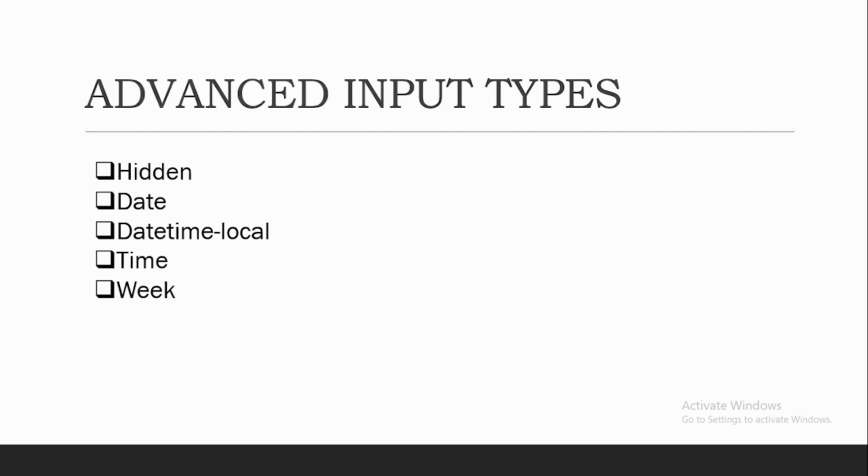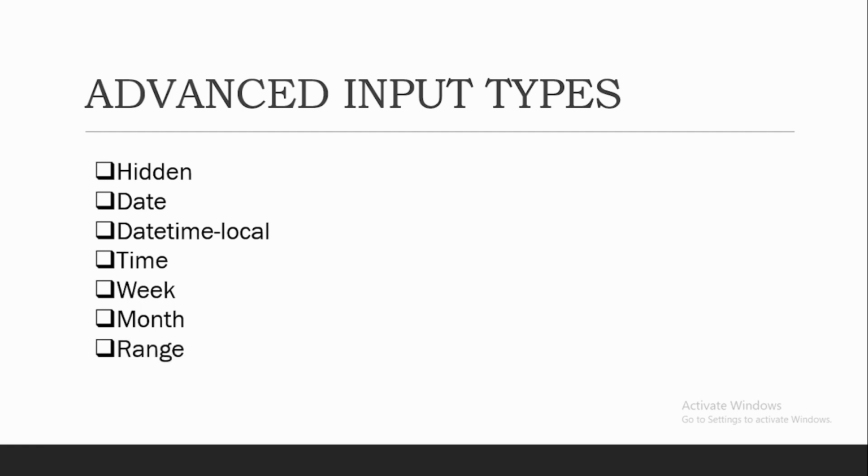You have to keep in mind that this is a newer type that is not supported by all browsers. We have the month input type, which is used to display a control for entering a month and year. It doesn't take into consideration the time zone, and you have to keep in mind that it is not supported by all browsers.